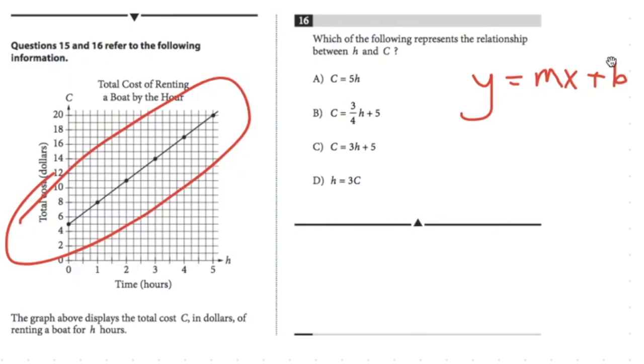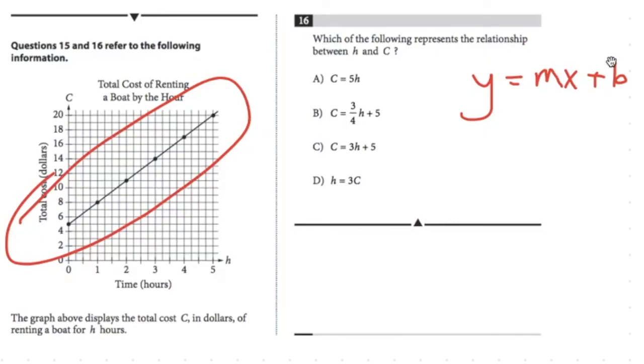Or in this case, h and c values, because h is like the x-axis and c is like the y-axis. Does that make sense? So we've got a bunch of x, y values we can plug into the answer choices and see which ones give us a true statement. And then we're just doing arithmetic. Does that make sense?